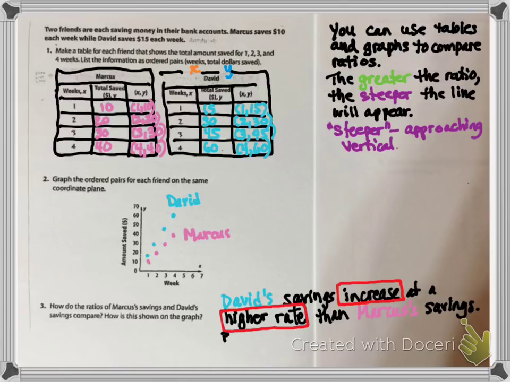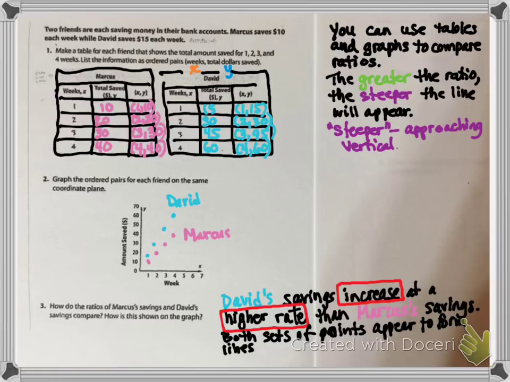We can say both sets of points, so just like in that single graph, points appear to form lines.